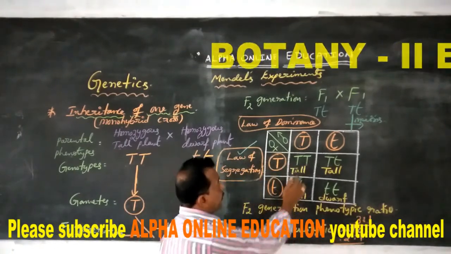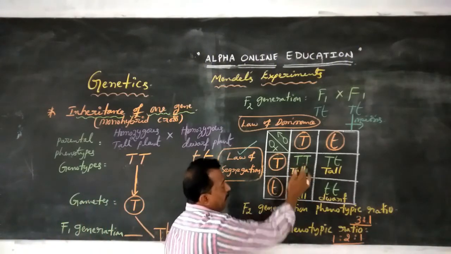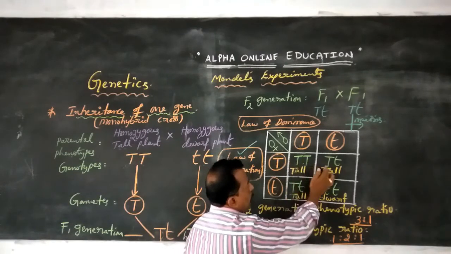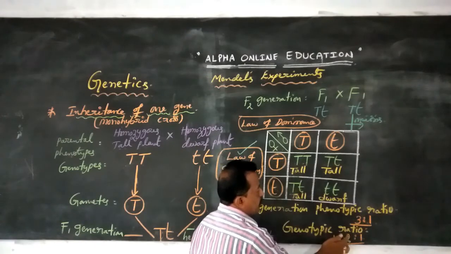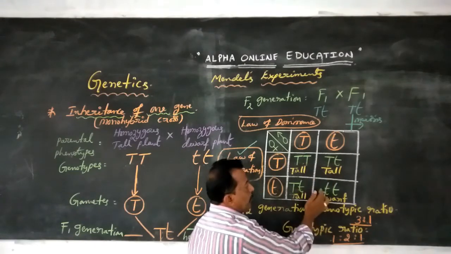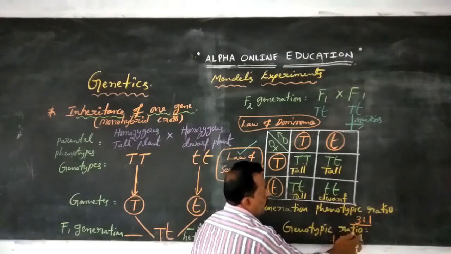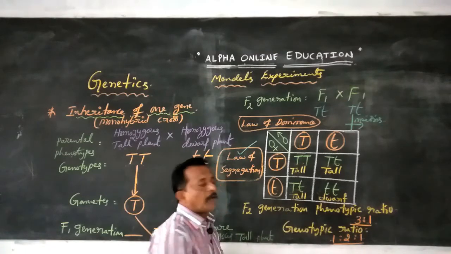How many capital T capital T genotypes appear in a monohybrid cross? Only 1. How many capital T small t genotypes? 2. How many small t small t genotypes? Only 1. These two ratios are very important.